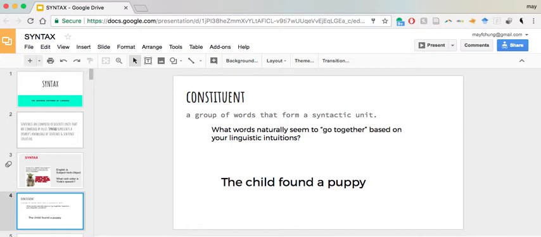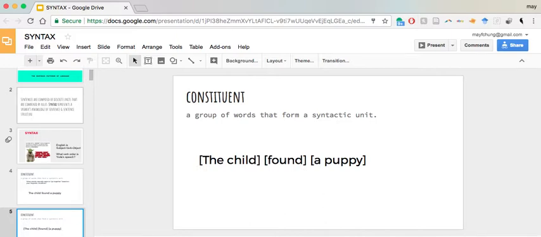Try to break this into individual units. I would say that "the child" would probably go together, and then "a puppy" would probably go together, and then "found" would probably be another constituent. So this is how I would break it up.